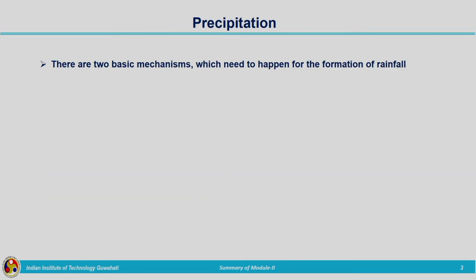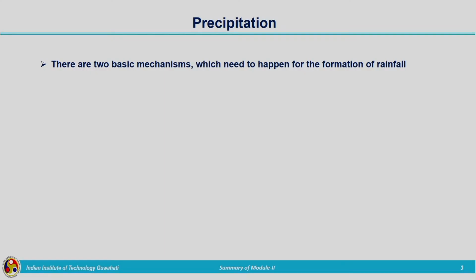So, when we talk about precipitation, there are two mechanisms which need to happen for the formation of rainfall. Those are lifting of moist air mass, and second, the important process termed nucleation. These two processes should take place, then only we will experience precipitation. Whatever be the form of precipitation, we need to have the lifting of moist air mass from the water body.